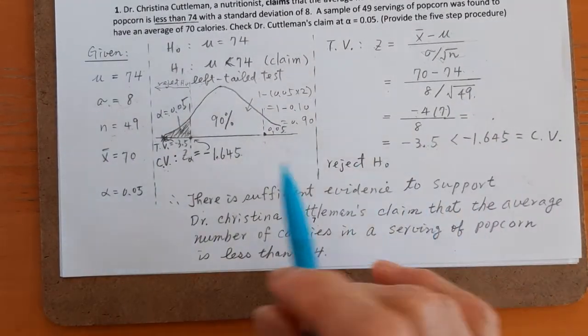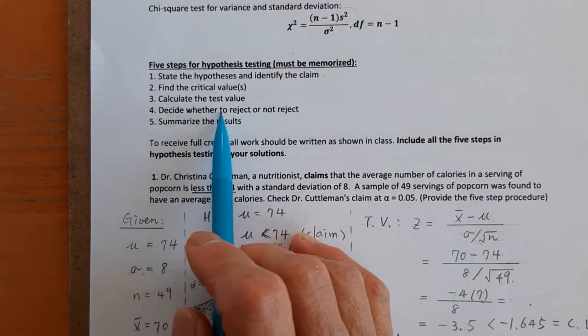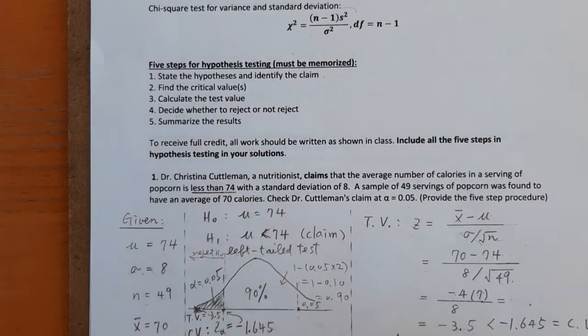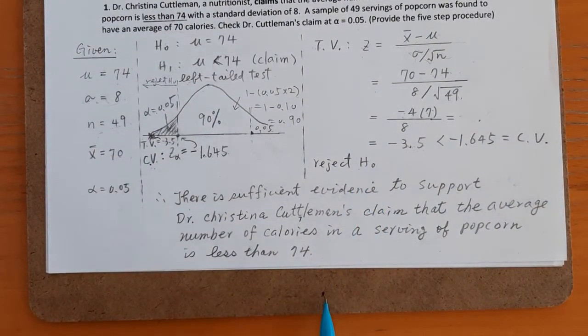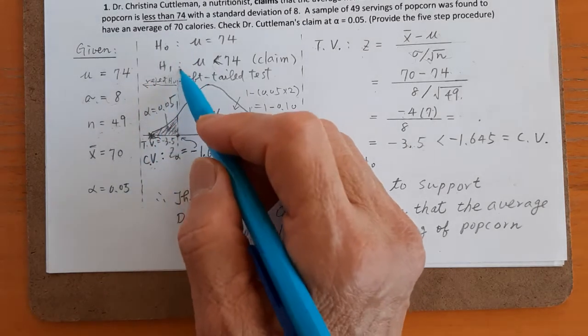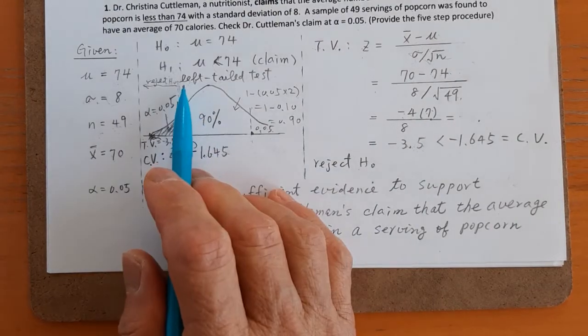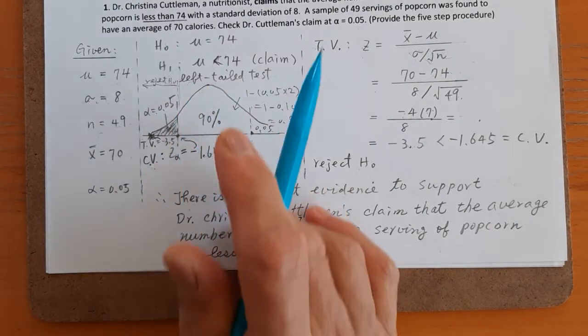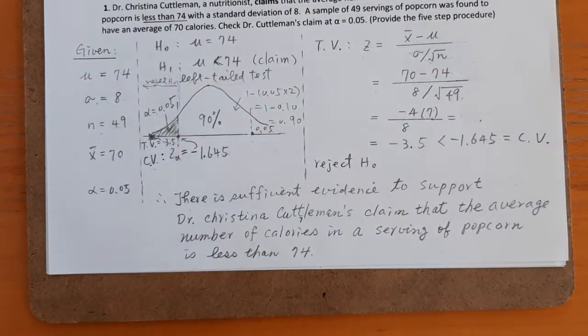So we get to the fourth step: decide whether to reject or not reject H0. So this is a reject H0, because it's falling to the left. If it falls in here, in between, that is a fail to reject H0.